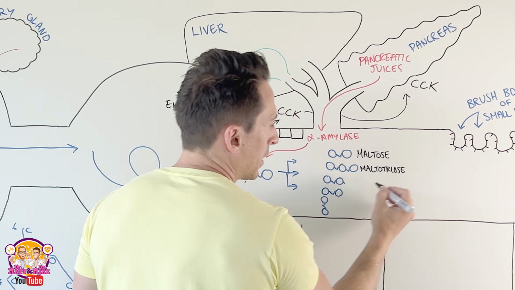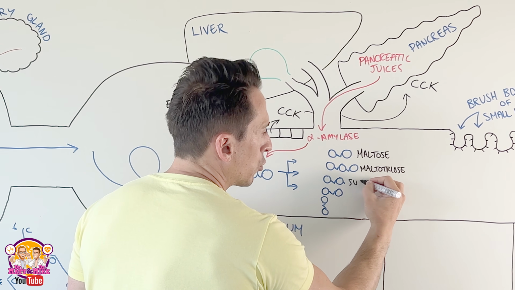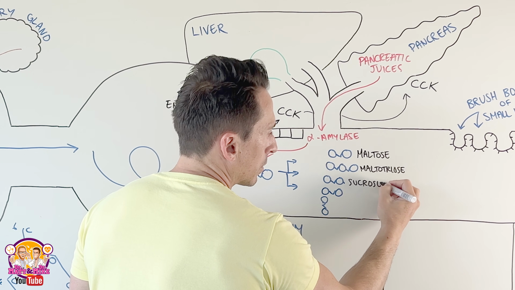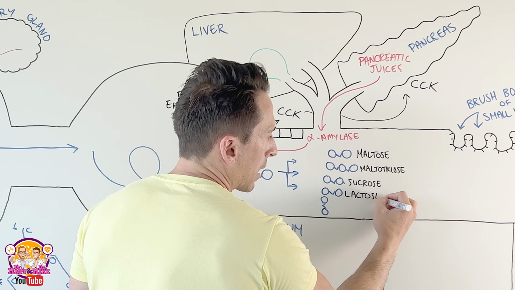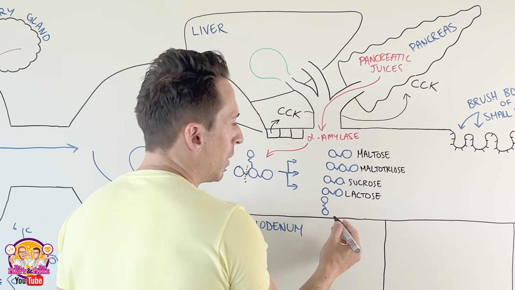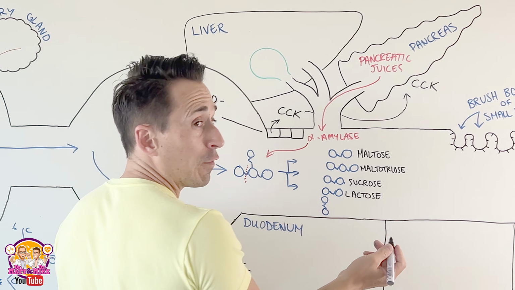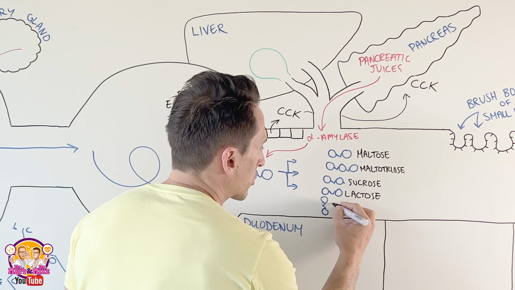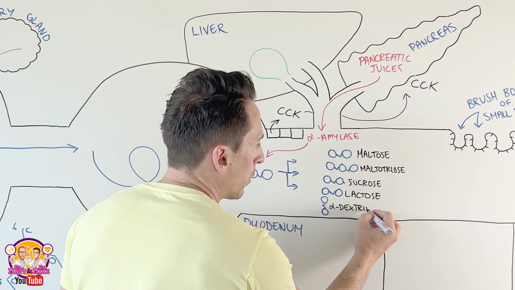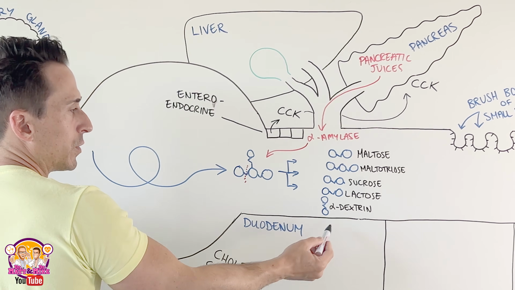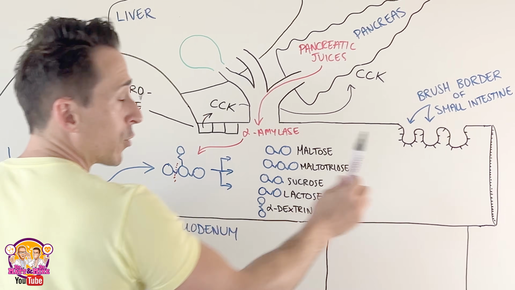This next one is called sucrose. This one is called lactose. And I'm sure you've heard of some of these terms before. And this branch of the alpha 1 to 6 bond is called alpha dextrin. This is what we're left with once we are past the duodenum into the jejunum, right?